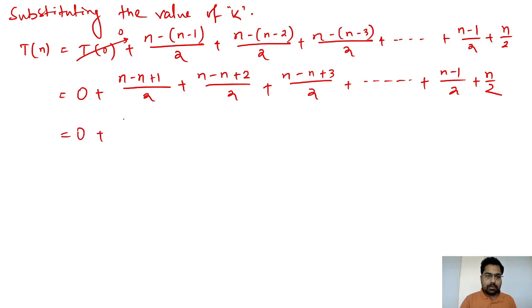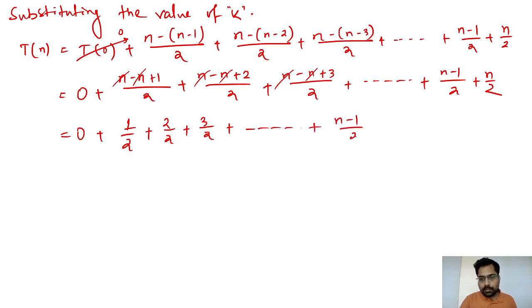Next is 0. n got cancelled. Clear? So it's 1 by 2 plus 2 by 2 plus 3 by 2 up to n minus 1 by 2 plus n by 2. Clear? So here to simplify it, I'm just omitting 0.